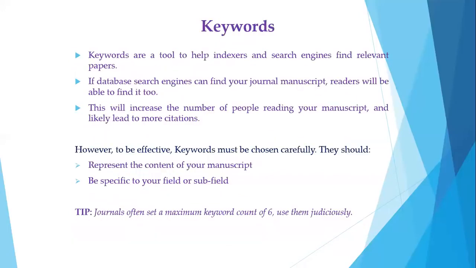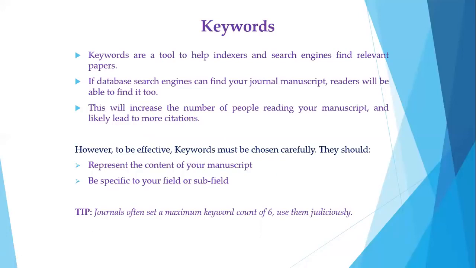So the basic objective of the keywords is to make your entire manuscript easily searchable, so that people can easily find it. The keywords should be very effective, specific to the field or the subfield, and representative of the entire manuscript. Many people say that a keyword should be something included in your research paper multiple times.